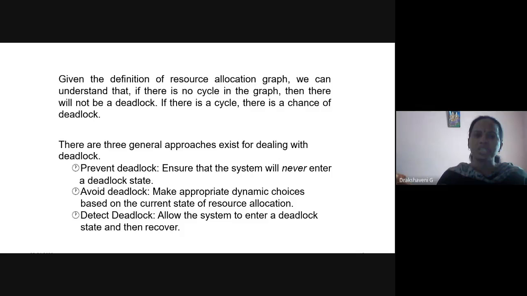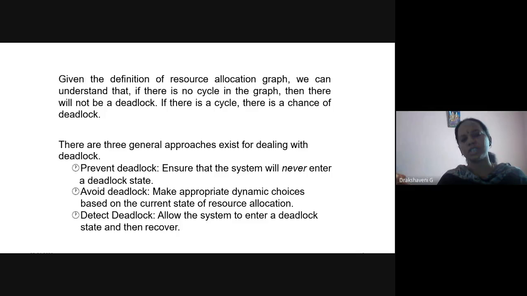The same explanation here. Given the definition of resource allocation graph, we can understand that if there is no cycle in the graph, then there will be no deadlock. If there is a cycle, there is a chance of deadlock. There are three general approaches for dealing with deadlock: prevent deadlock, avoid deadlock, detect deadlock.